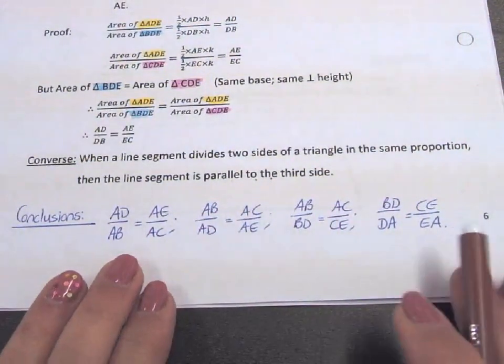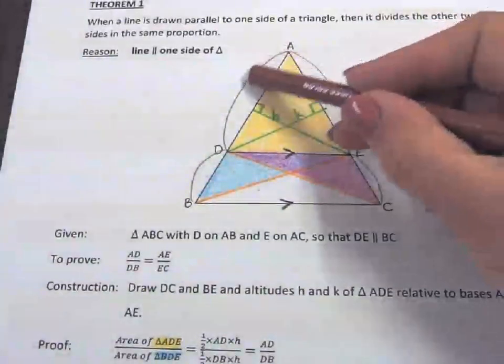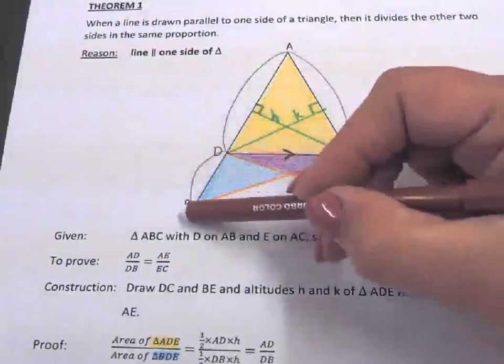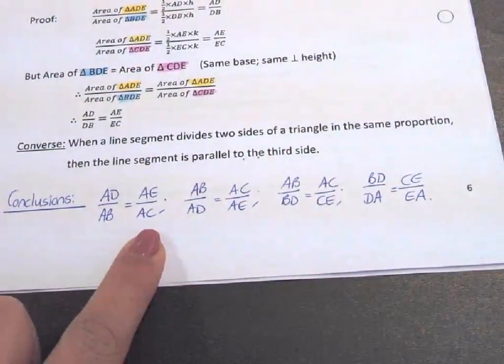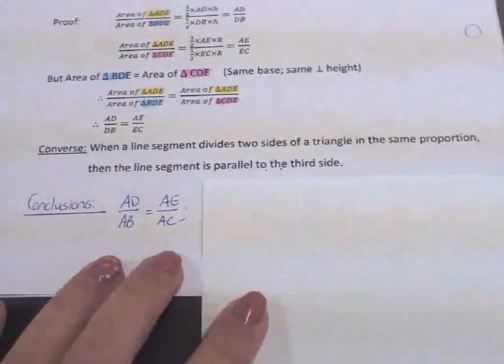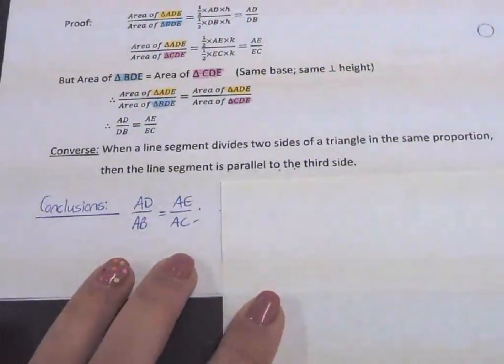You can also say that AD over AB, AD, the top part over the whole side, AB, equals AE over AC. Make sure that you write it correctly.